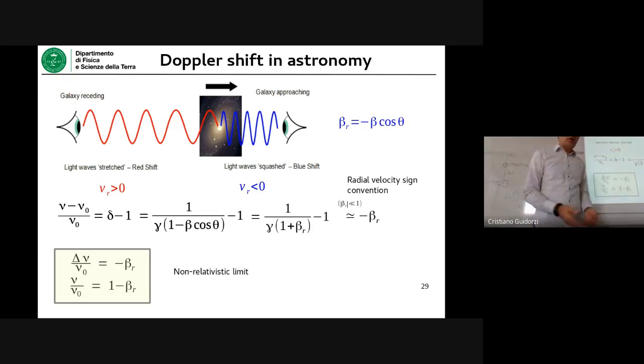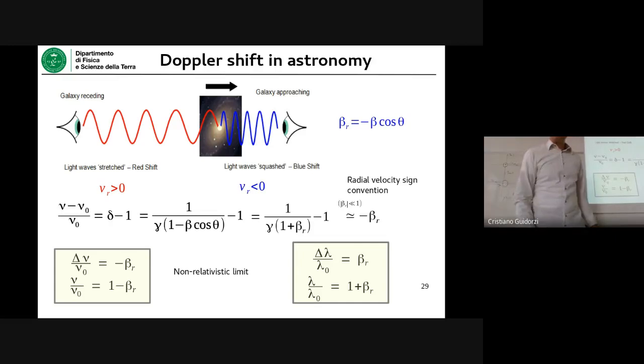If for some reason you are working on wavelengths rather than frequencies, the corresponding shift in wavelength is this one. Here beta r is positive when there is an increasing wavelength, so when there is a redshift, when the wavelength measured by the observer is longer than the co-moving frame wavelength.